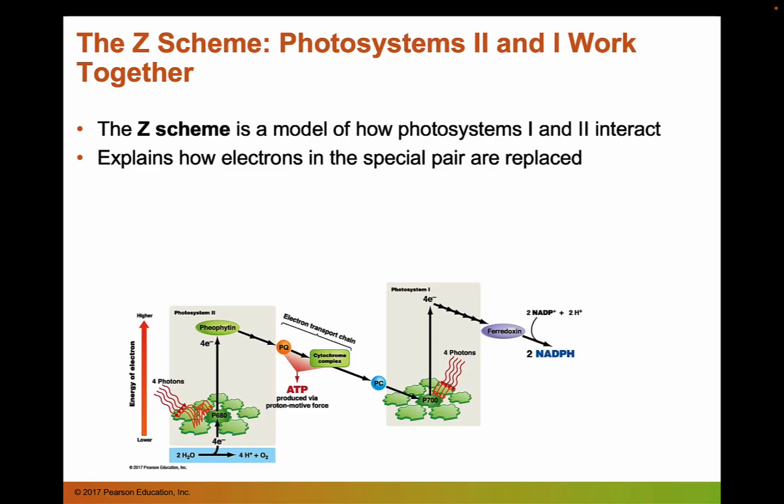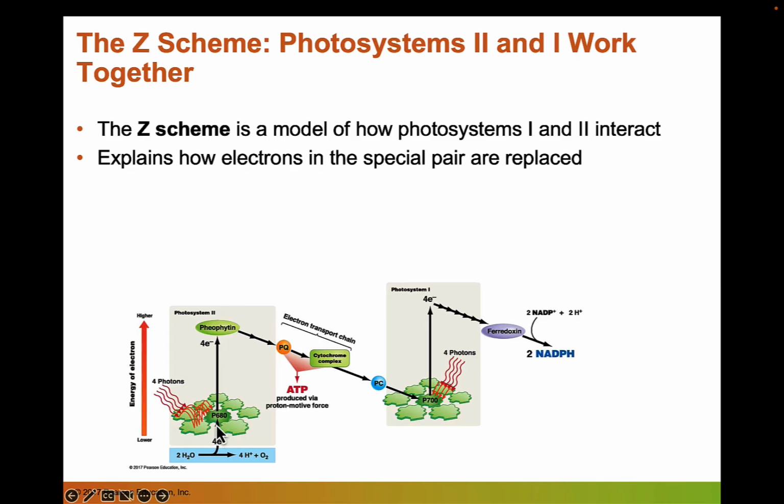But recall from the enhancement effect that these systems we know interact in some way. And this led to the development of this model called the Z-scheme that describes how photosystem 1 and photosystem 2 interact. And it explains how the electrons in the special pair of chlorophyll molecules are replaced.